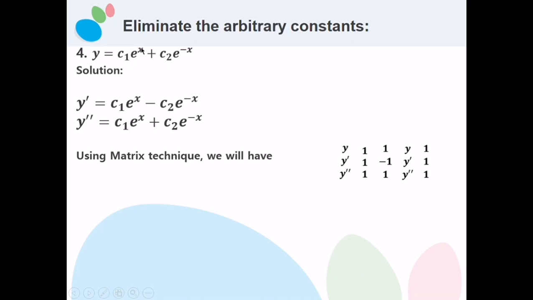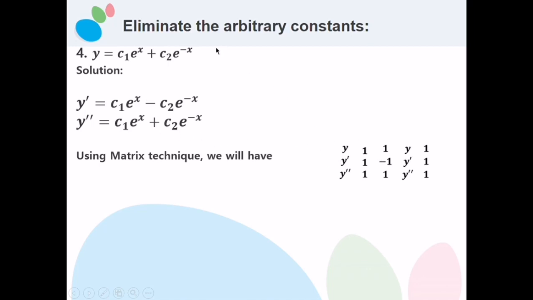So we are just going to get the coefficients of the equations that are similar to this. So we have 1 for the first equation. For the second equation, for the first derivative, we also have 1 as the coefficient, then 1 here.